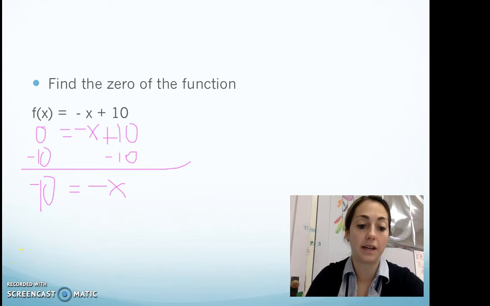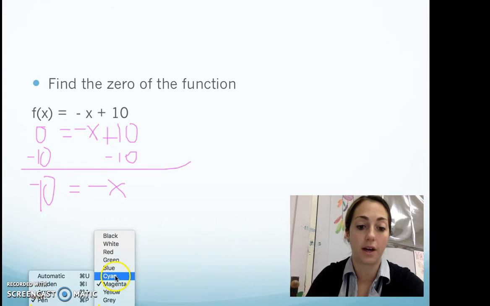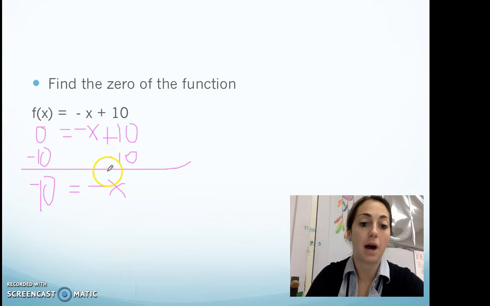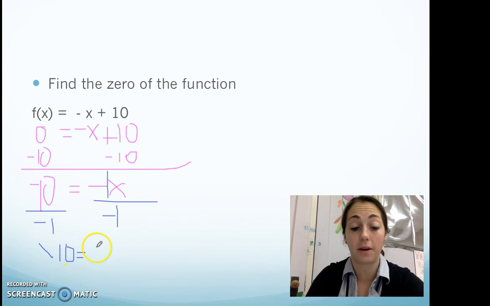Because I have a negative x, we want positive x, so you divide everything by negative 1. Negative 10 divided by negative 1 is 10. And negative 1x divided by negative 1 is just x.